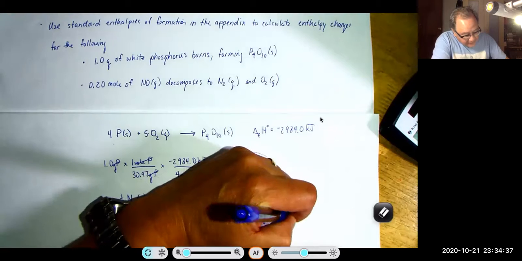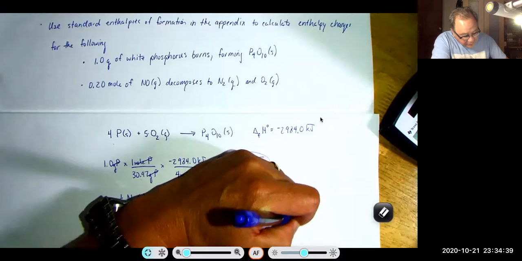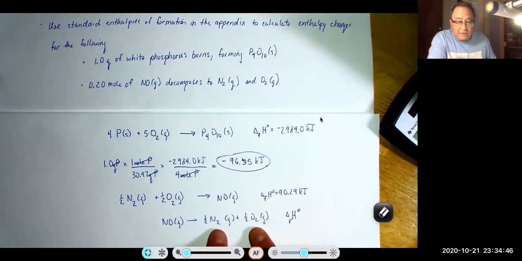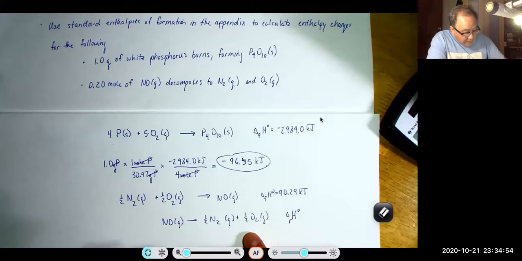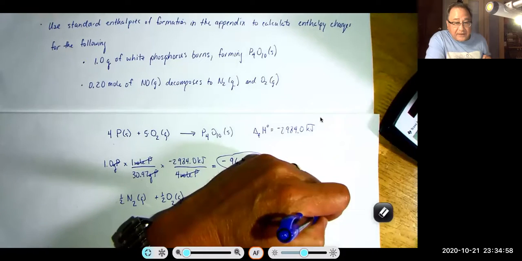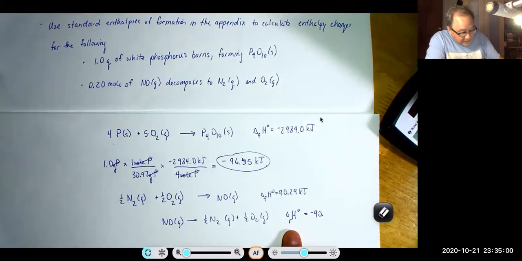And here, I'm going to put enthalpy of reaction instead of enthalpy of formation, because this is no longer a formation reaction. Formation reaction is 1 mole of a substance, not 1/2 mole of 2 different substances. However, I get this value from the one above, it's negative 90.29 kilojoules.